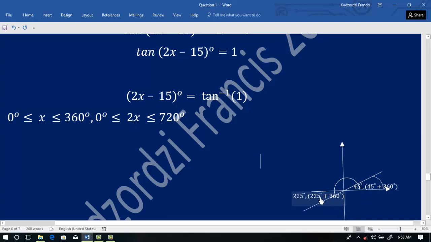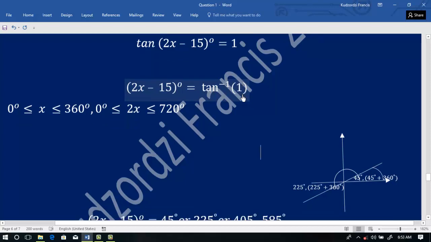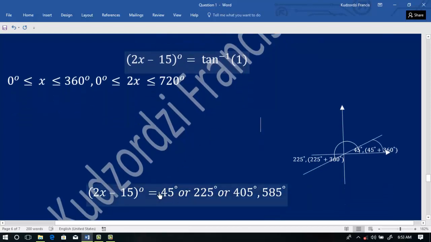Then that will be 225 degrees plus 360 degrees. So if that is the case, then tan inverse of 1 is equal to the following angles: 45 degrees, that is this one, and 225 this, and 405 is this, and 585 is this.